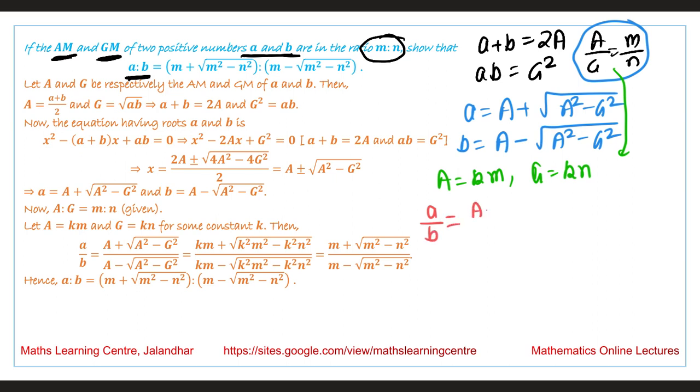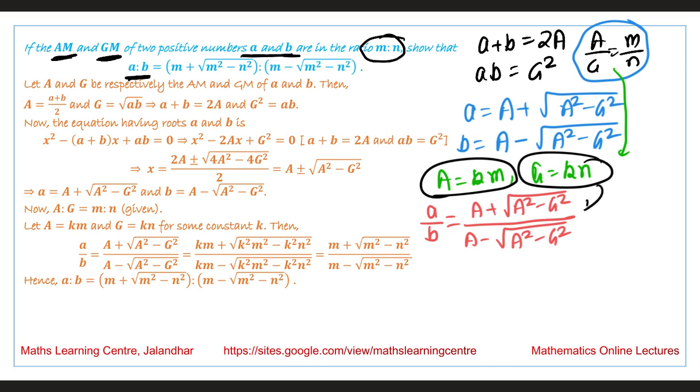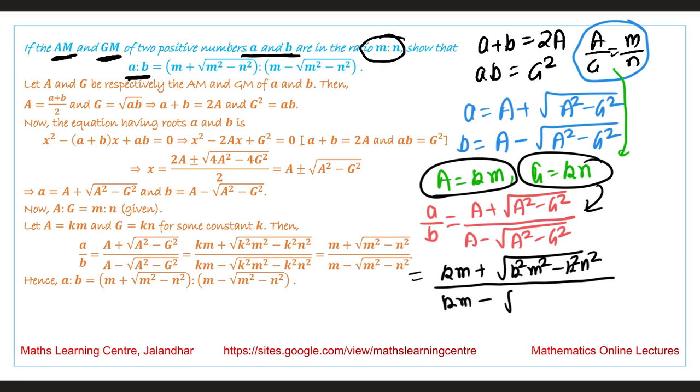We have a plus square root of a square minus g square divided by a minus square root of a square minus g square. Now if we substitute these values of a and g in this equation, we obtain this is equal to km plus square root of k square m square minus k square n square divided by km minus square root of k square m square minus k square n square.